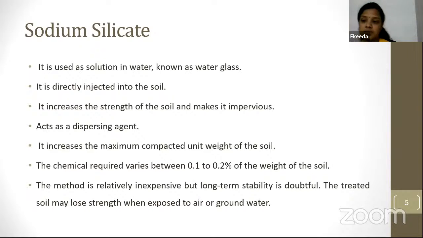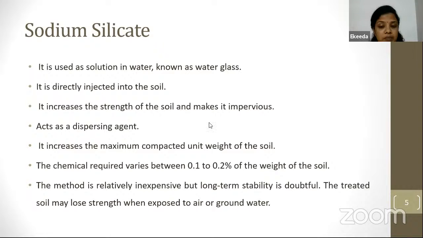Now next is sodium silicate. Sodium silicate is another chemical that we use. It is used as a solution in water known as water glass, so the other name of sodium silicate is water glass. It is directly injected into the soil. It increases the strength of the soil and makes it impervious.